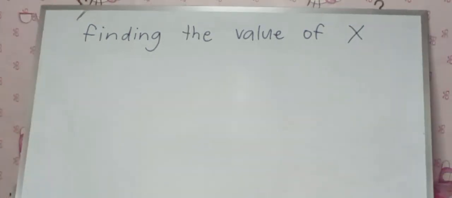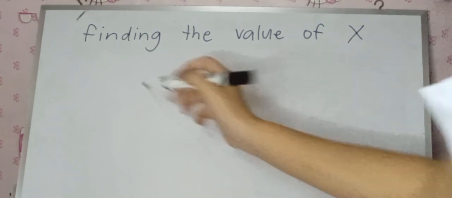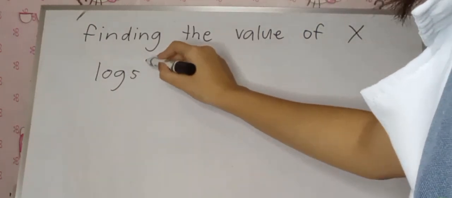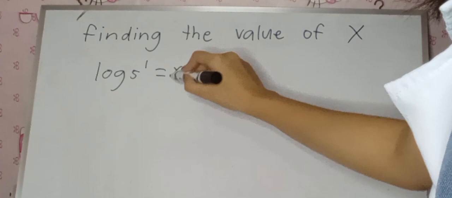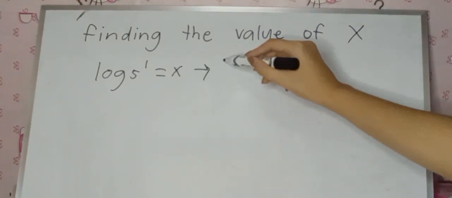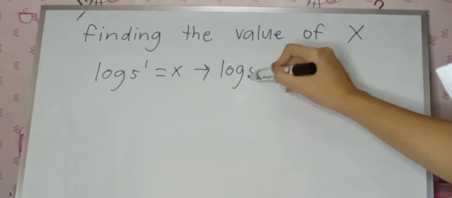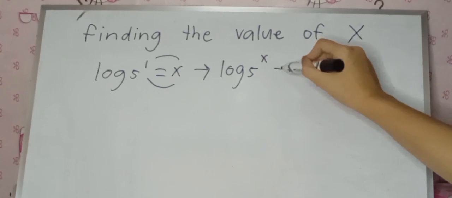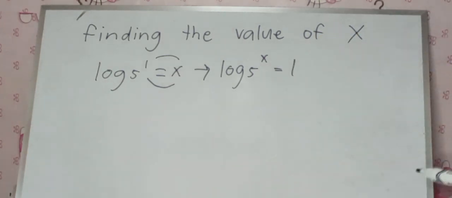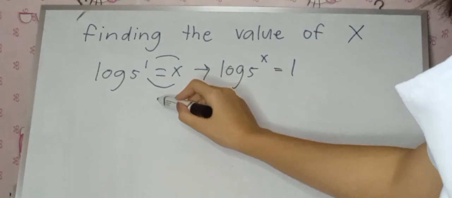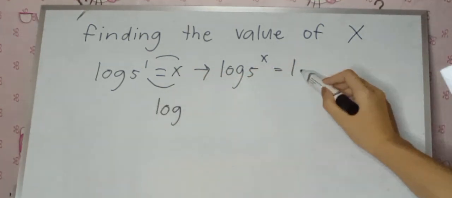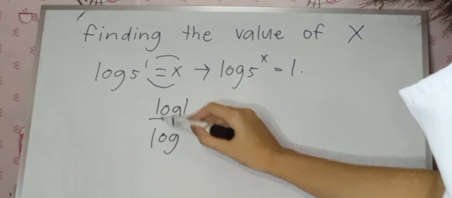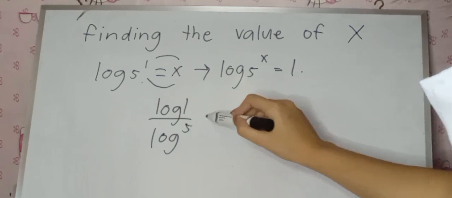So I'll give you another example. What if log base 5 of 1 is equals to x? It will become 5 raised to x is equals to 1. And now to solve that, write log 1 over log 5.